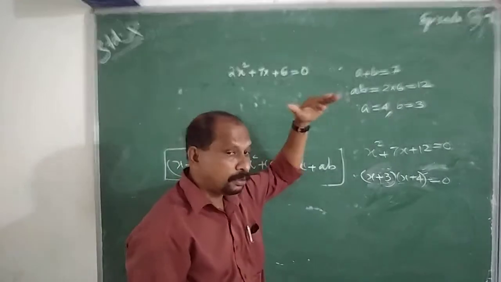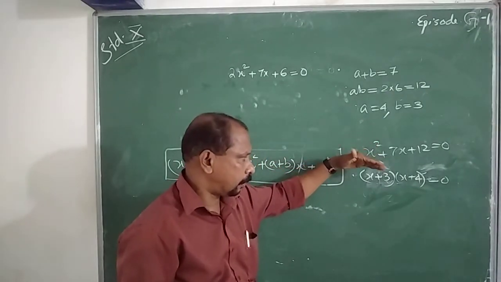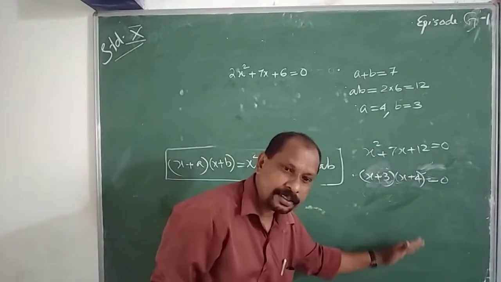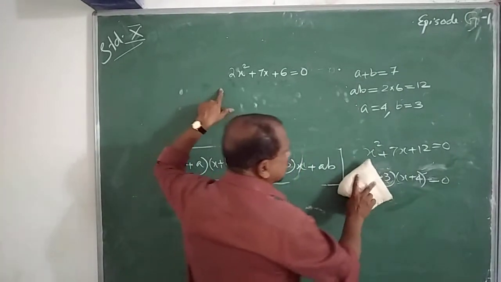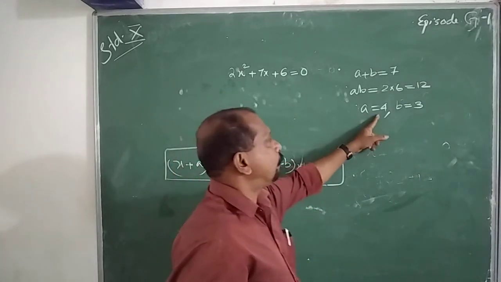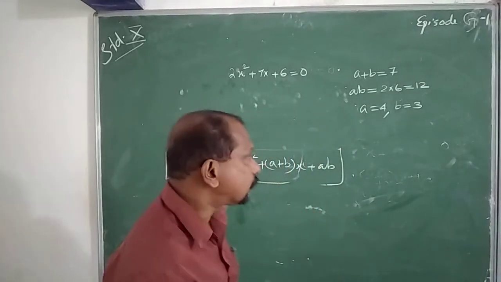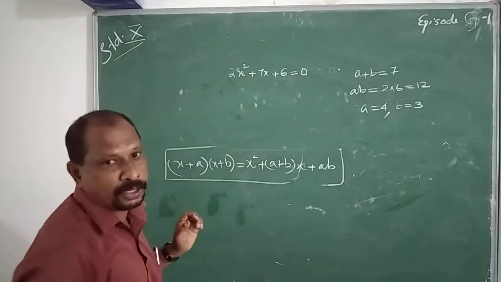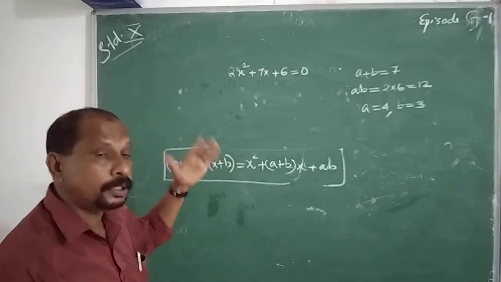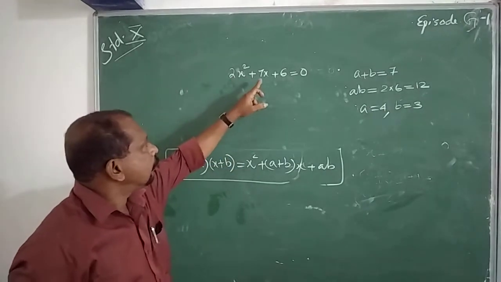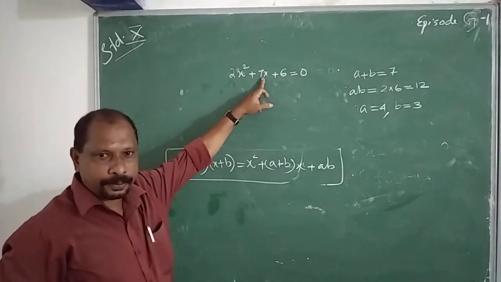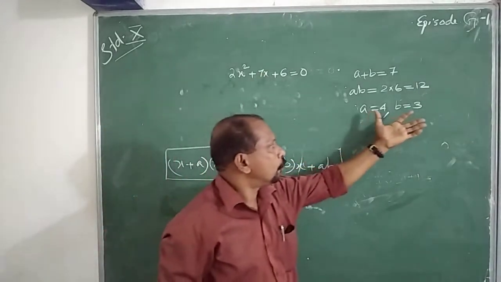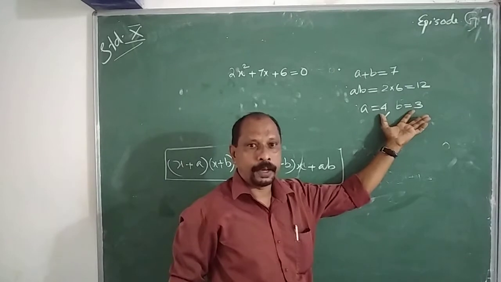Therefore, we cannot calculate the factors and the roots directly. In this case, 4 and 3 are the values. Therefore, there are 3 terms of this equation. And we can split the middle term, that is 7x, into 2 using these 2 values.